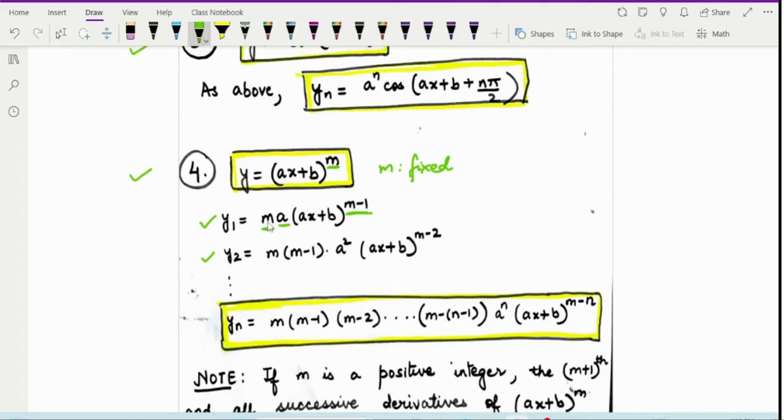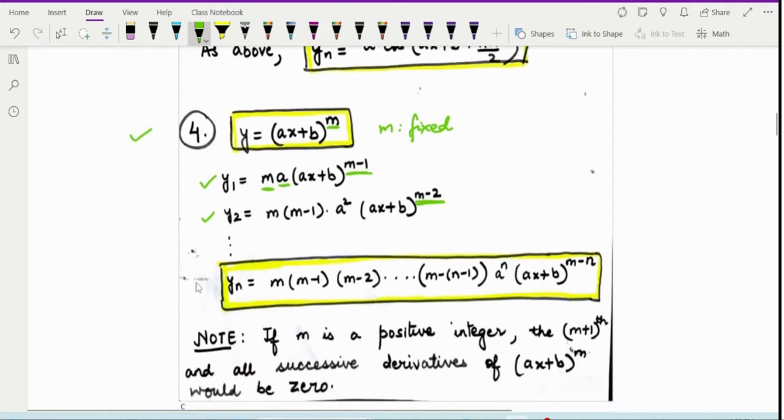What will happen in front of a? Now there will be one more a because you are doing one more differentiation, and also together with m you are going to get m minus 1 attached to it, and the power is going to reduce by 1 more. So repeating this pattern, please observe that at the nth stage you are going to get m, m minus 1, m minus 2, so on till m minus n plus 1, because if you have 1 here, this is 2 here, so m minus 2, m minus 1.